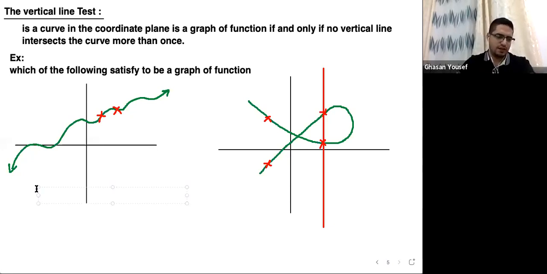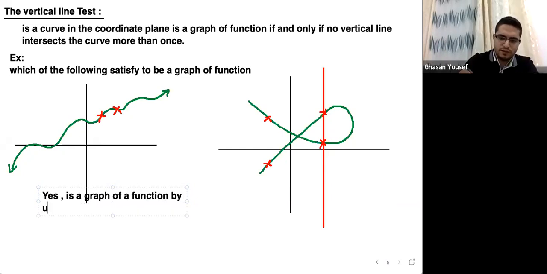So here, yes, it is a graph of a function, because it passes the vertical line test.